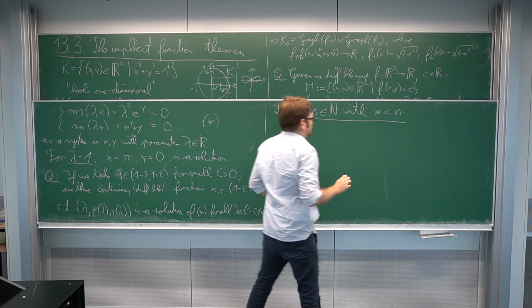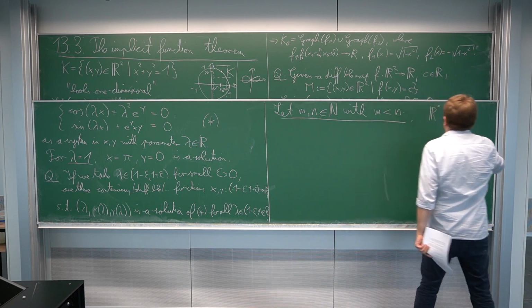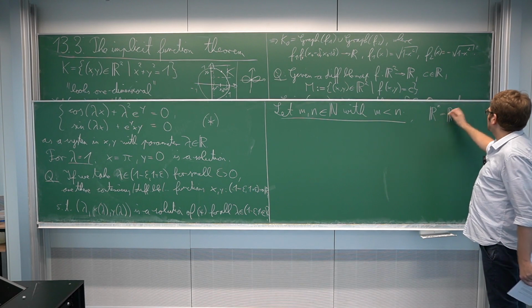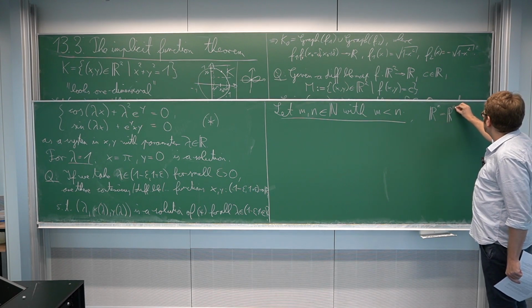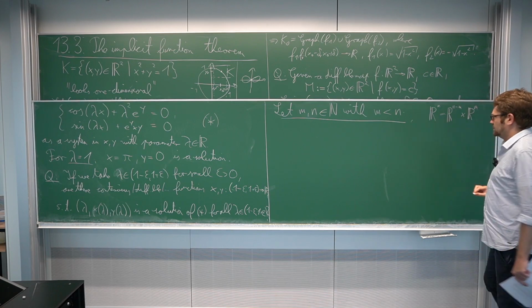Okay, so just to make notation a bit more flexible, R to the n is of course the same as taking first an (n minus m)-tuple and then an m-tuple of coordinates.